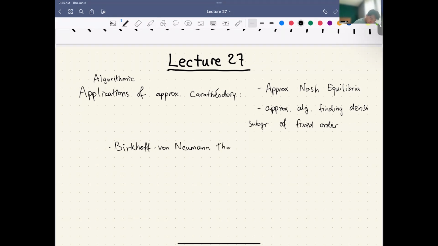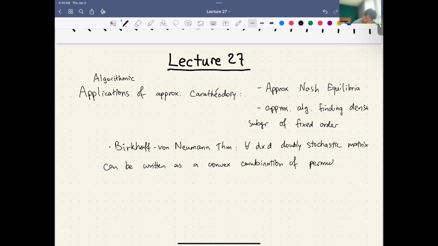Basically, what this theorem says is that every d by d doubly stochastic matrix, meaning the row sum and column sum are 1 for each row and column, can be written as a convex combination of d by d permutation matrices.